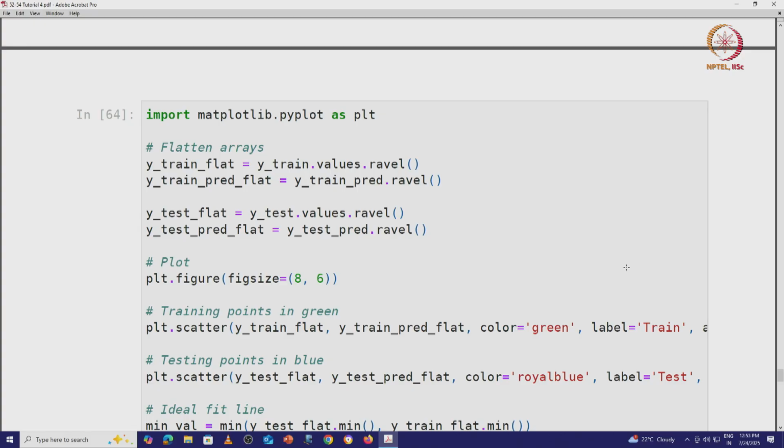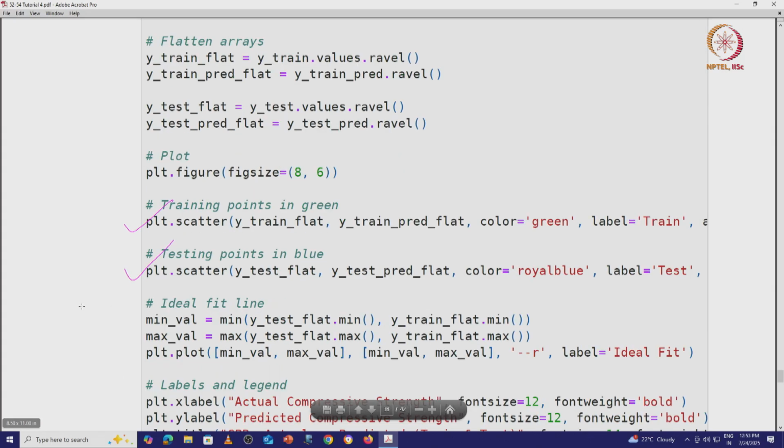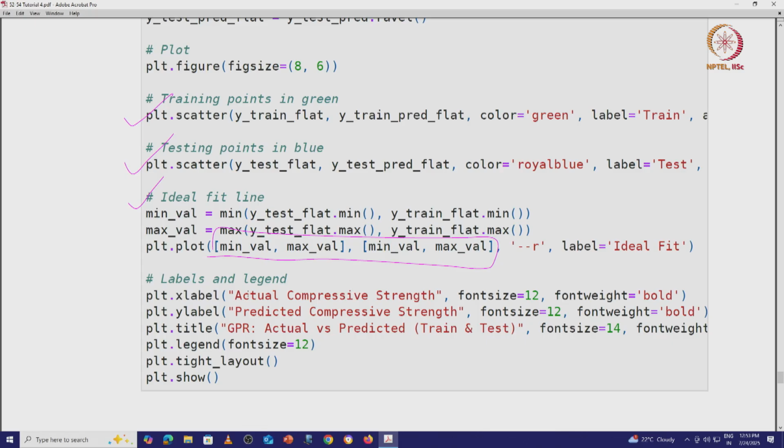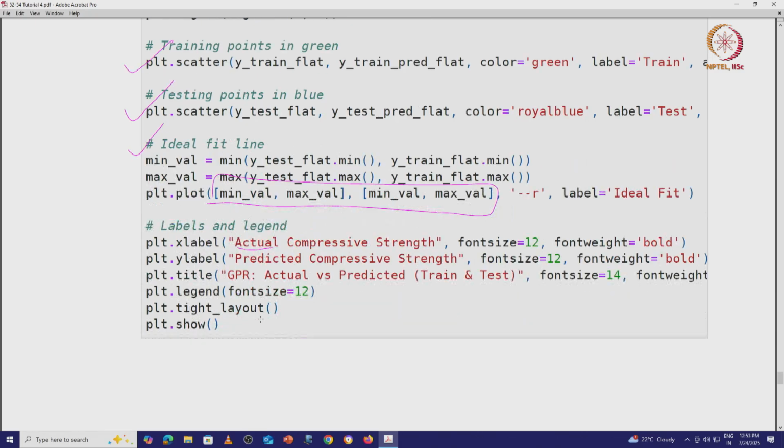Okay, so let us plot these parity plots now. So we can include both the training as well as the testing points. The train is in green, test is in blue, and then we also have the y equal to x line which we can plot here, right. Basically we just plot the same thing on the x and the y axis. And on the x axis is the actual compressive strength, the ground truth, y axis is the predicted compressive strength.